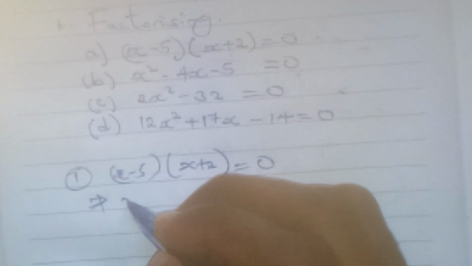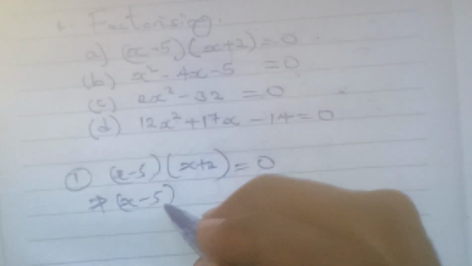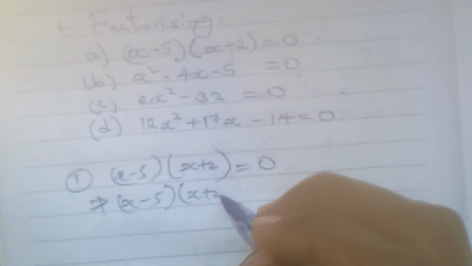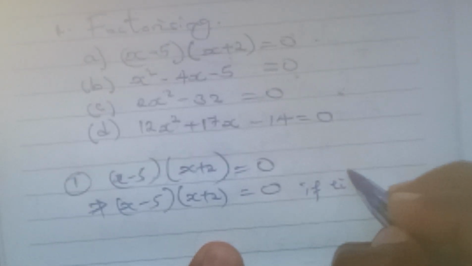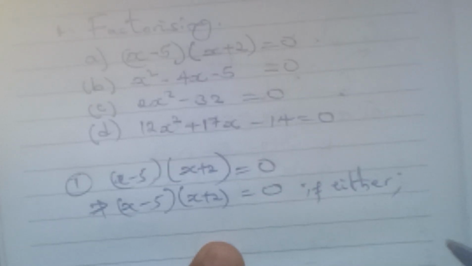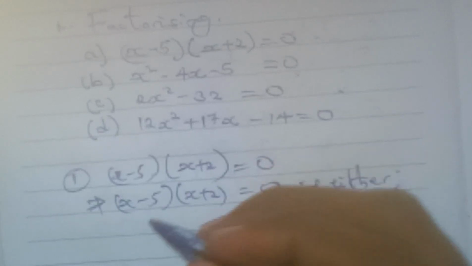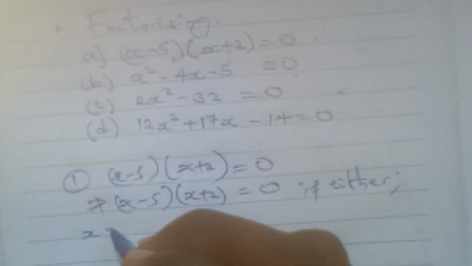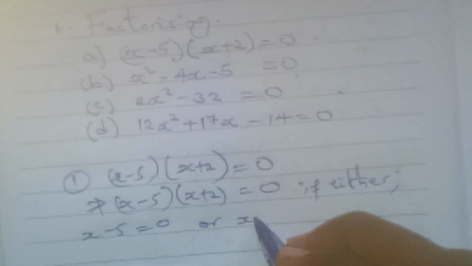So this implies that x minus 5 into x plus 2 equals 0 if either x minus 5 equals 0 or x plus 2 equals 0.